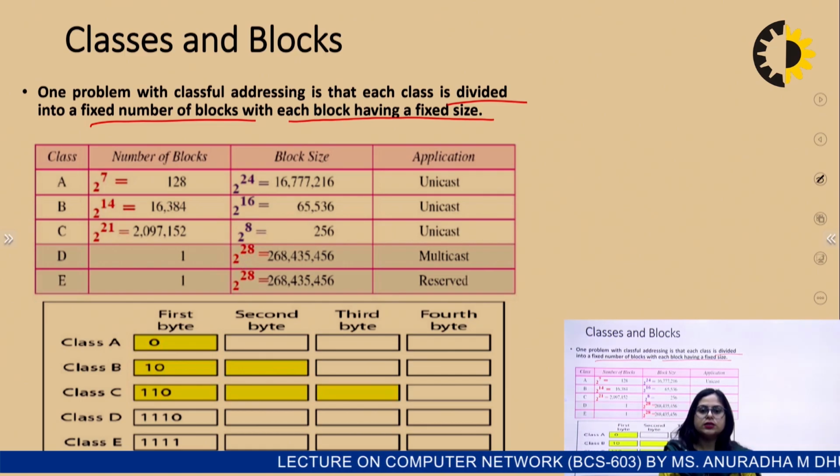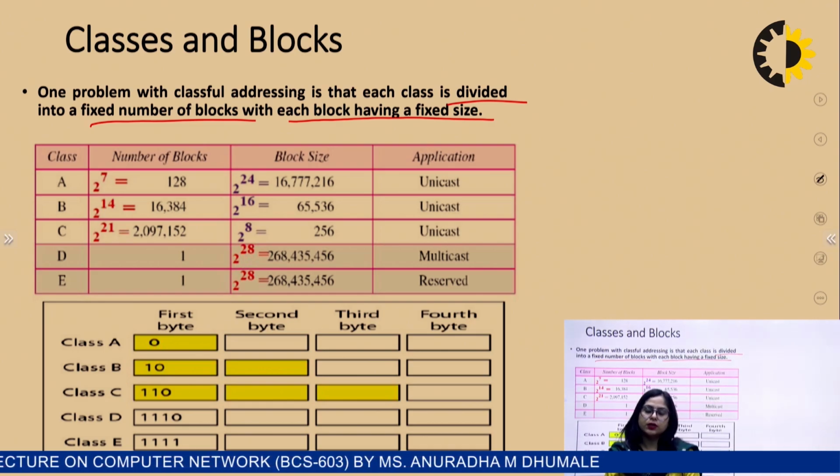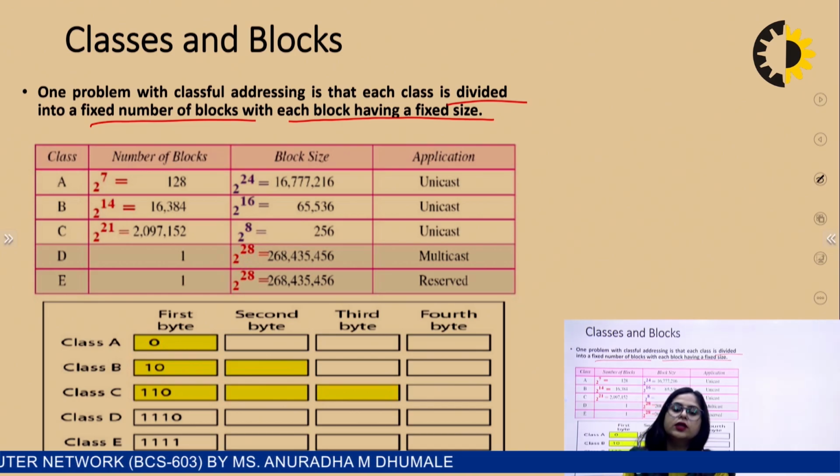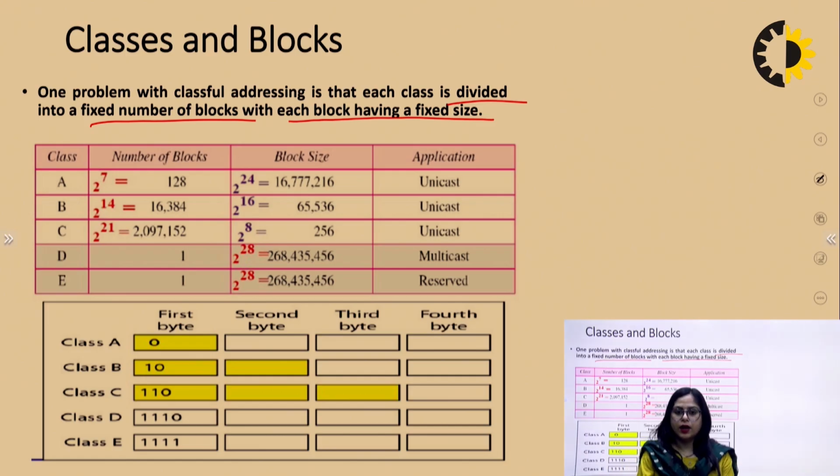There is not a particular number of IP addresses. When the user requires 1000 IP addresses, in classful addressing only 1000 addresses will not be given. The whole class is allotted to you. So there is a lot of wastage of money and wastage of IP addresses here.